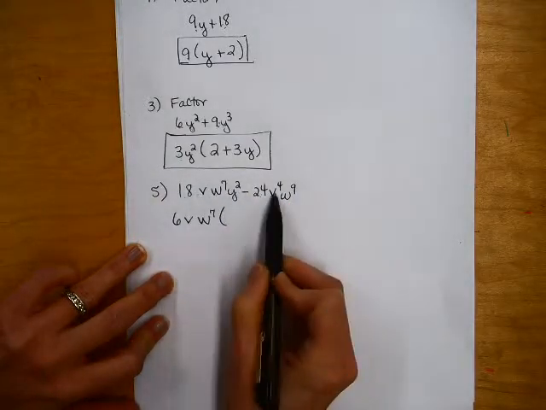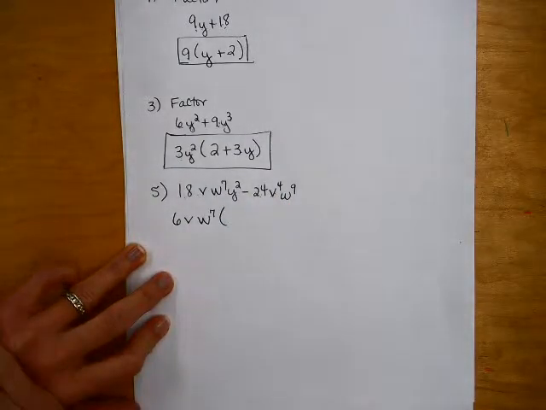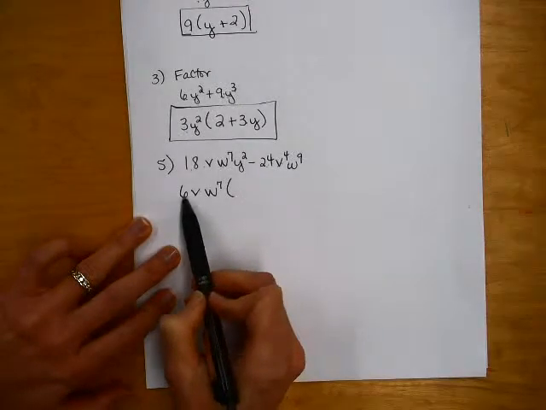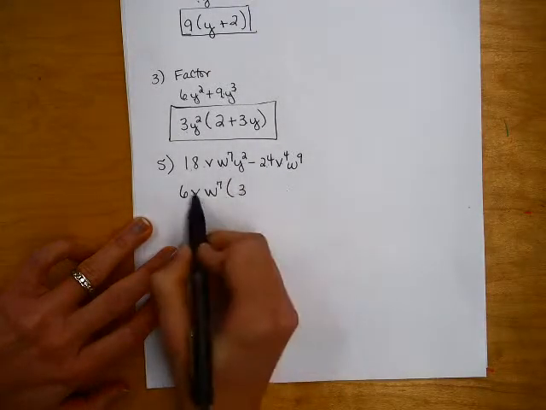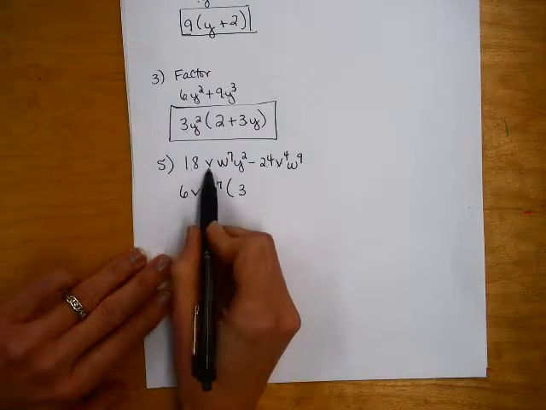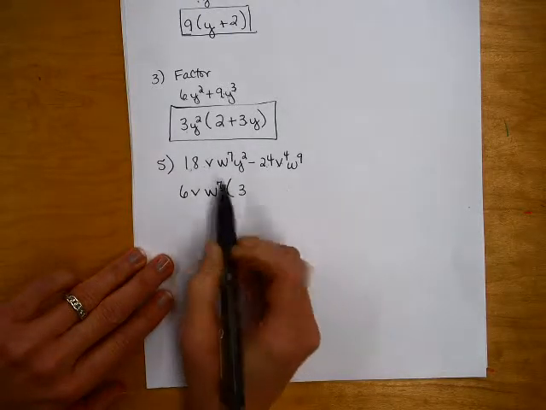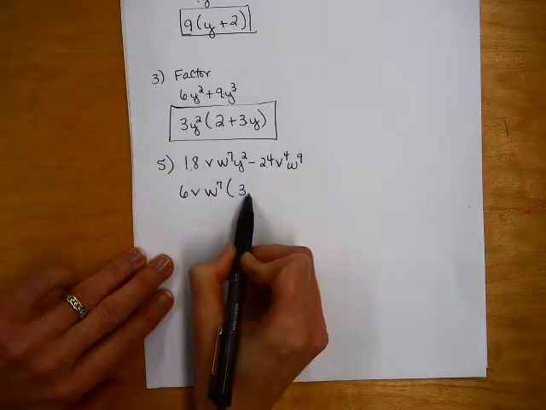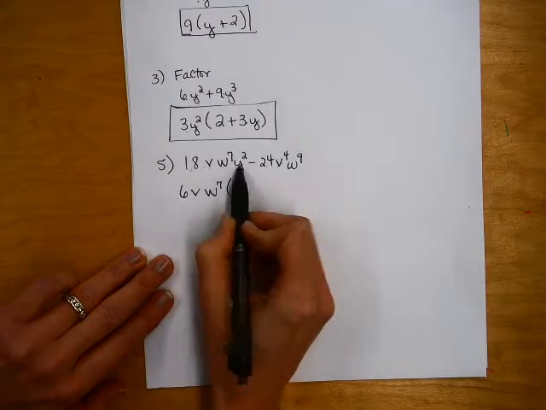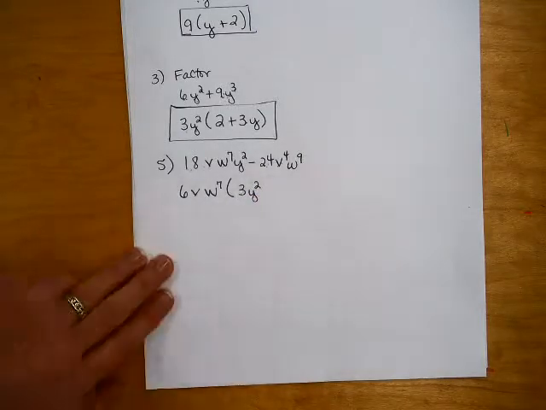Now if I have two terms here, I should have two terms in here. I ask myself, 6 times what gives me 18, and that would be 3. I already have v, that's what I need, so I don't need any v here. I have w to the 7th, that's what I need, so I don't need any w here. But I need this y squared, so I'm going to put it here with the 3.